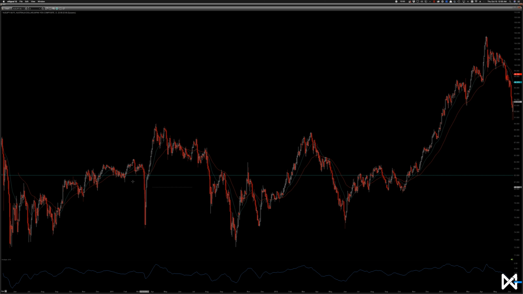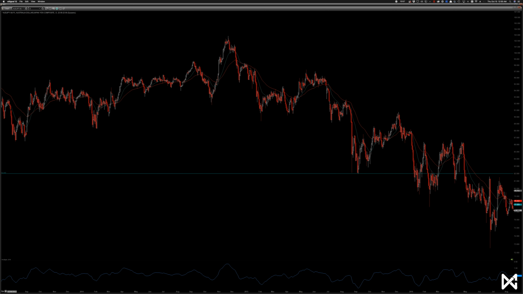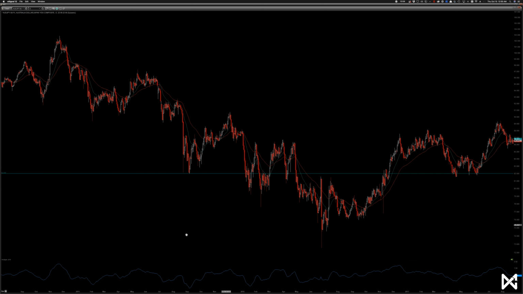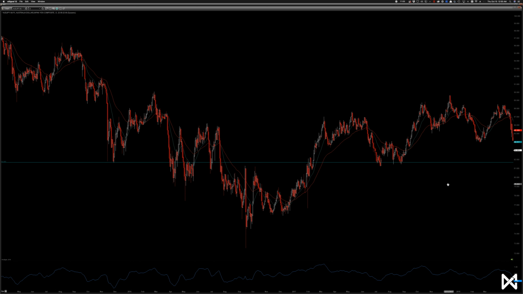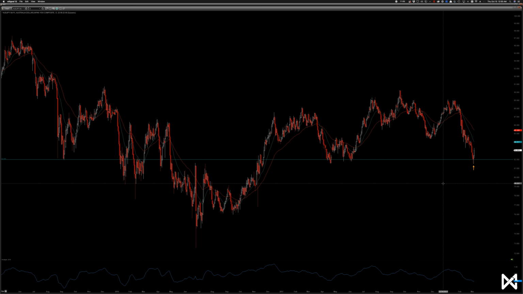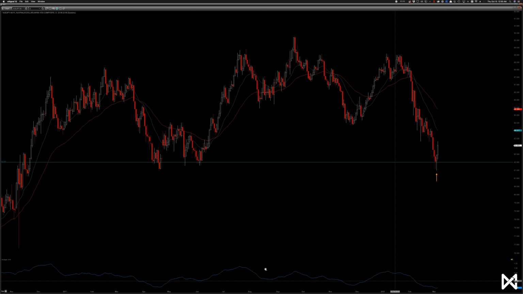So we have quite a few rejections off of that horizontal support and resistance level, which is good. That is exactly what we're looking for. We're looking for major support and resistance levels that have quite good rejections, at least 3, right? But we're looking for a good, really strong support and resistance level. So that's characteristic number 1.